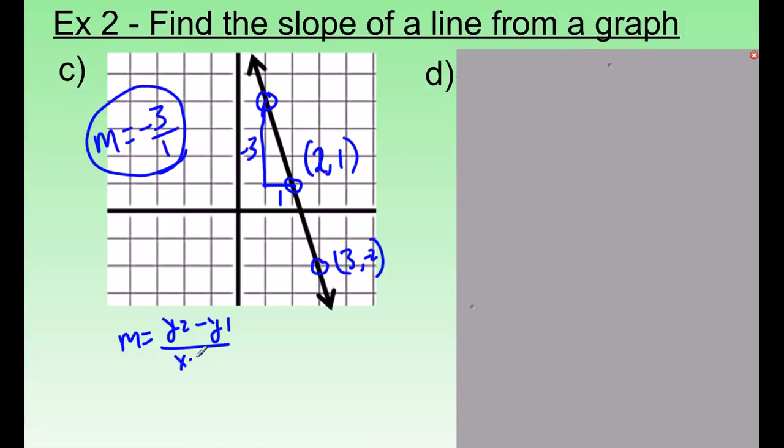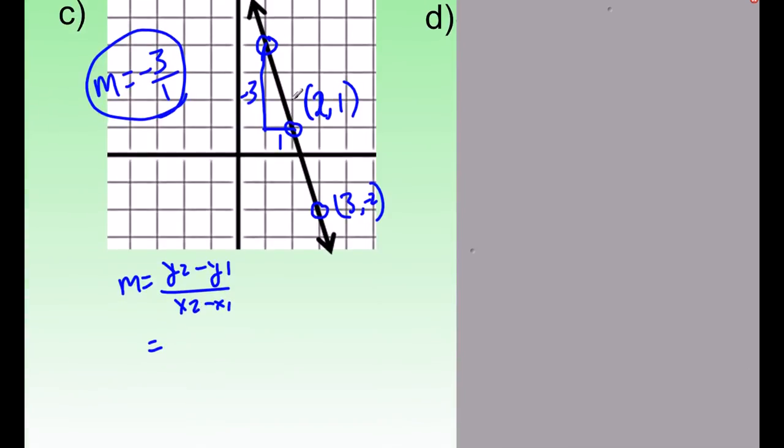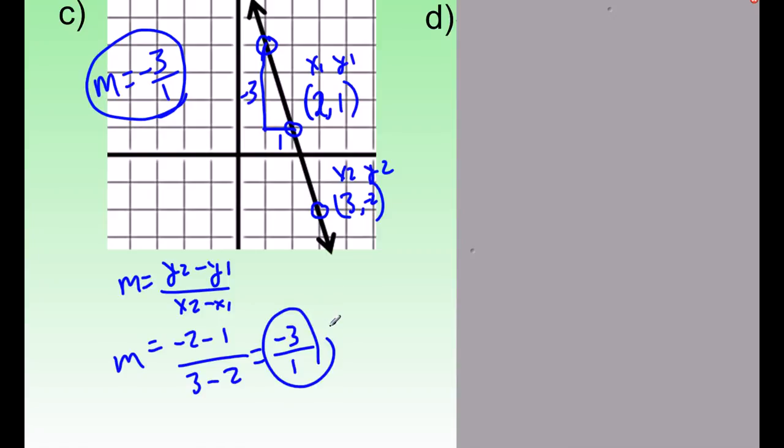Write down the slope formula. x1, y1, x2, y2: negative 2 minus 1 over 3 minus 2 gives me negative 3 up top, 1 down below. We got the exact same slope. This line, everywhere on this line, has a slope of negative 3.